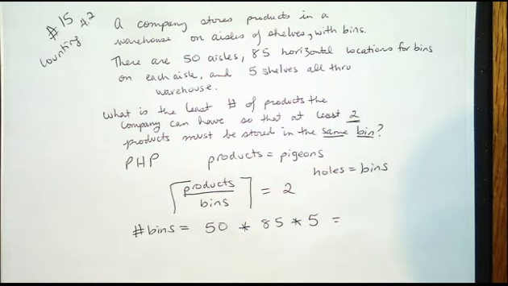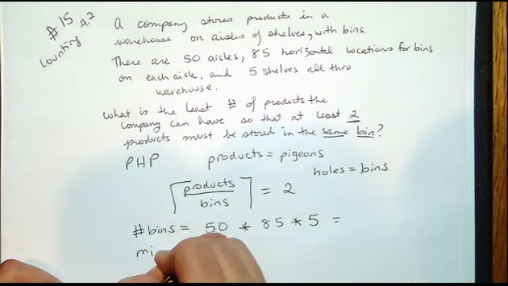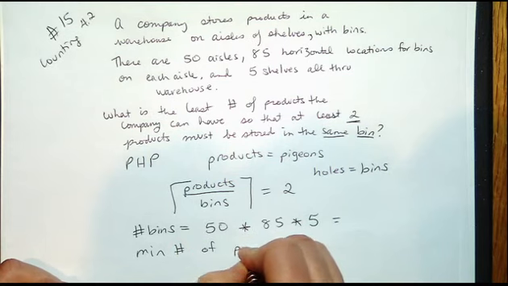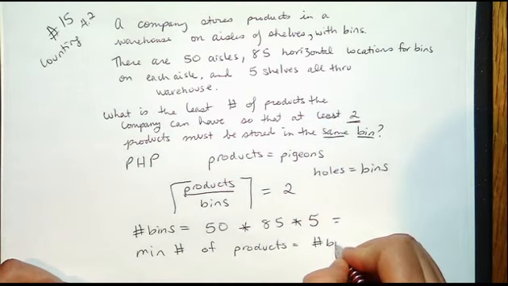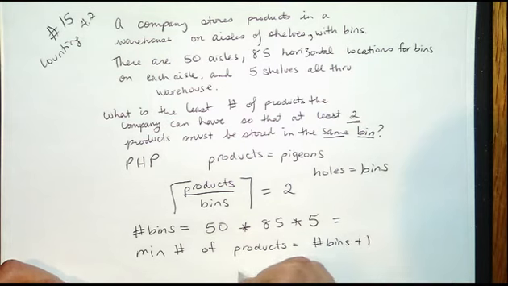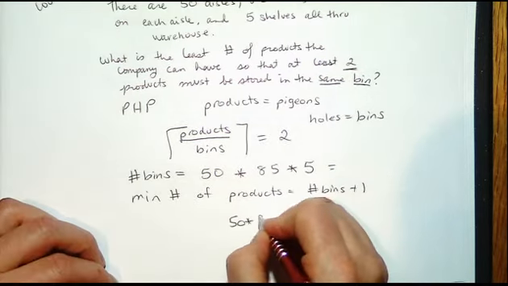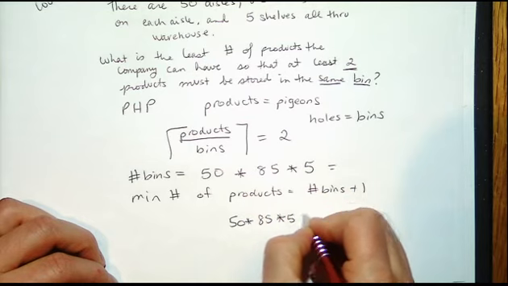That's a large number. I don't care what it is. So how do we get the ceiling of some number over this to be 2? What's the smallest possible number that can make the ceiling go up to 2? That number plus 1, and that's the answer. So the minimum number of products we can guarantee this with equals the number of bins plus 1. In other words, 50 times 85 times 5 plus 1.